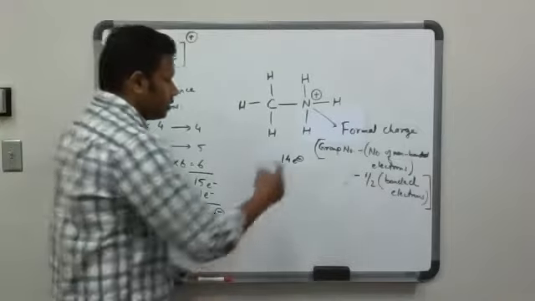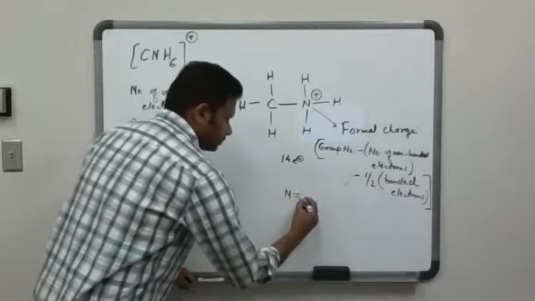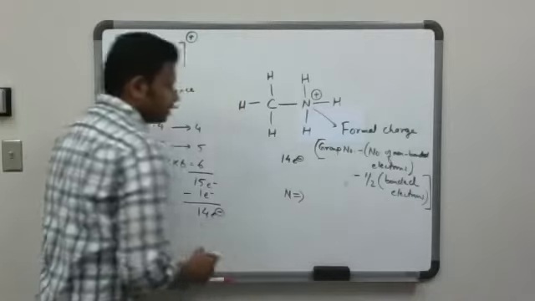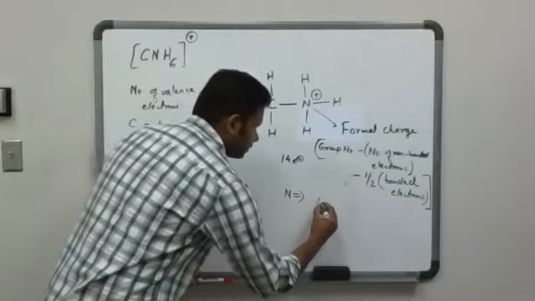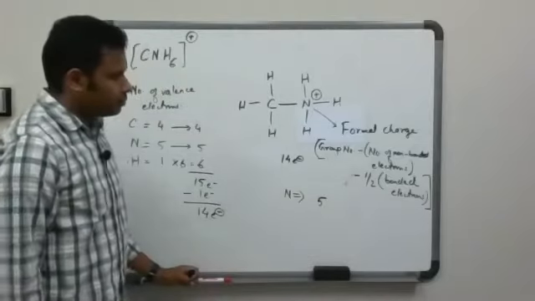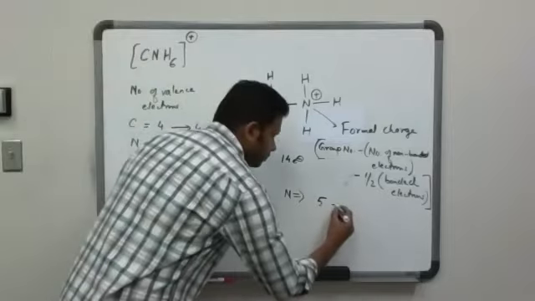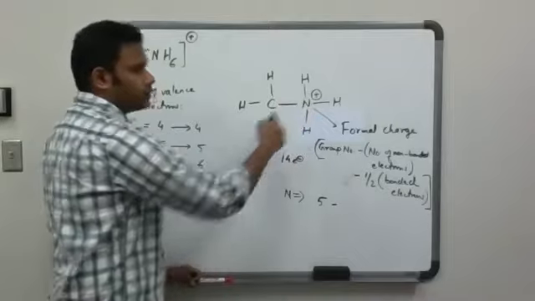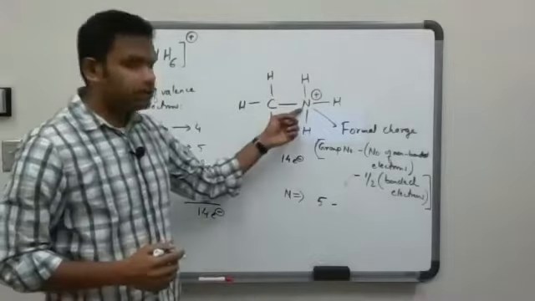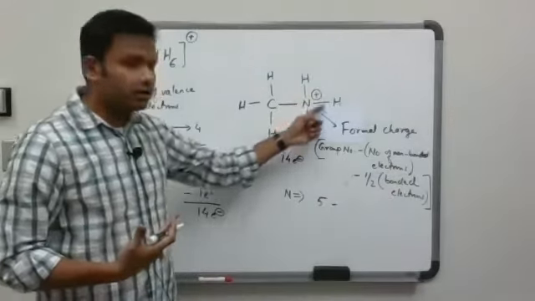Okay, so if we calculate this for the nitrogen, a formal charge, the group number for nitrogen is 5, minus, are there any non-bonded electrons around the nitrogen? Non-bonded, read that as lone pairs. There aren't any.